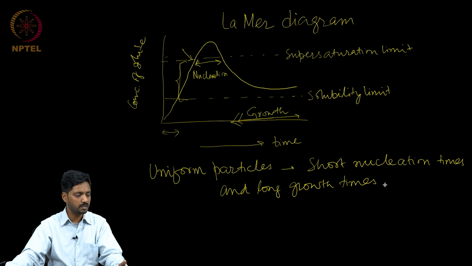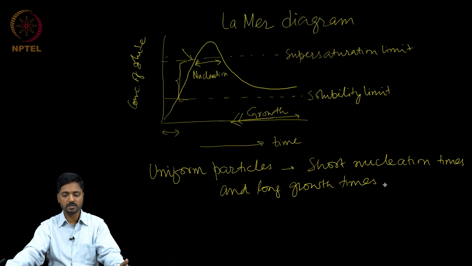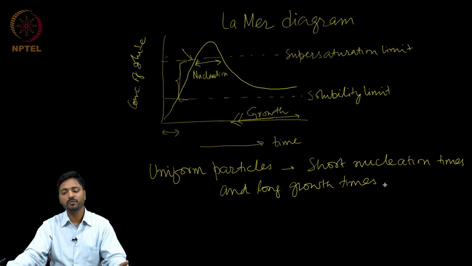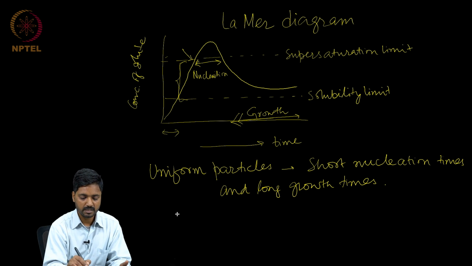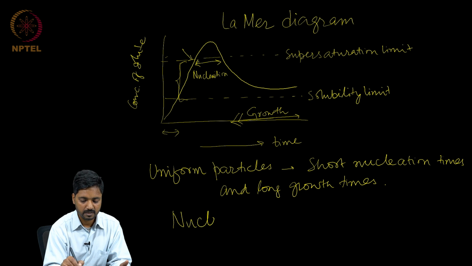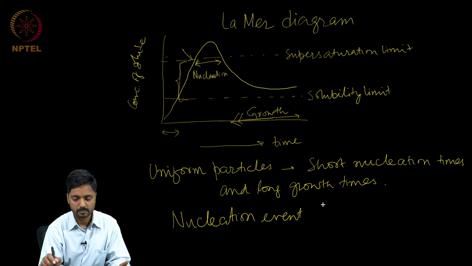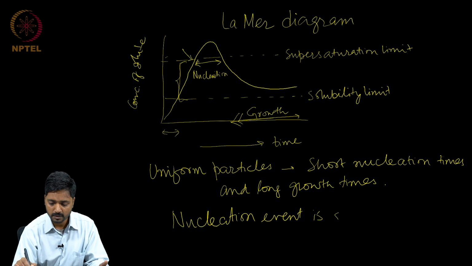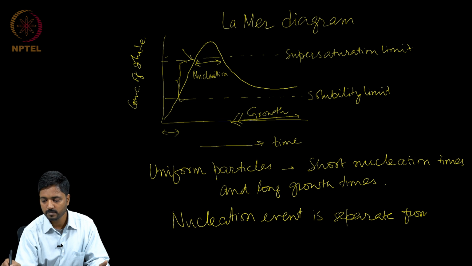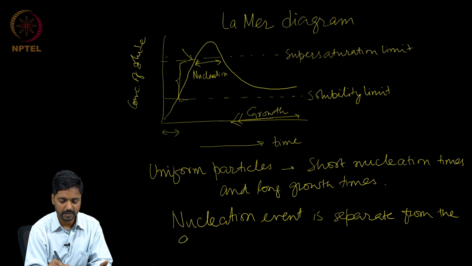What we also need for achieving monodisperse particles is that the nucleation event is separate from the growth event.